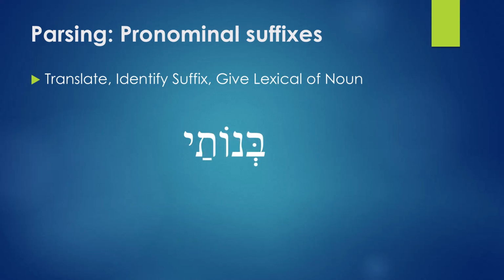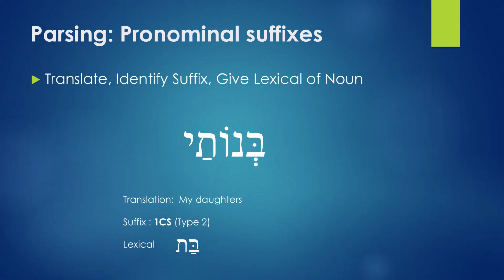Next, can you try to parse this word? You can pause the video to try. Alright, here's the parsing. You can tell the suffix there, kametz yod, is type 2, first person common singular. And this one is an irregular form. It comes from the word bat.